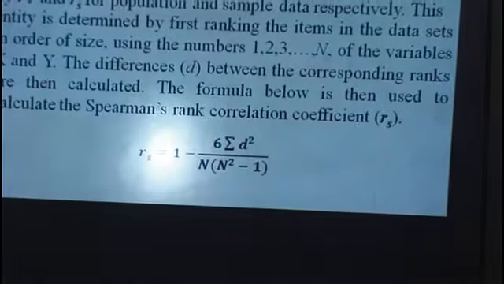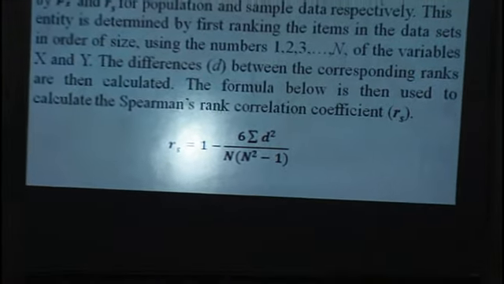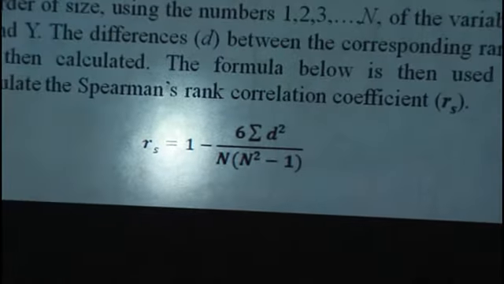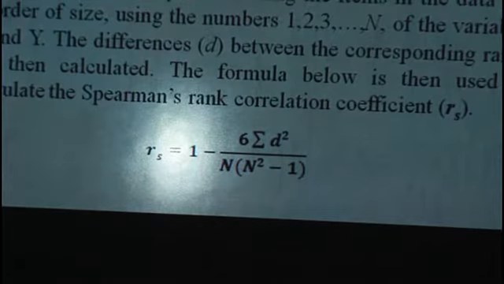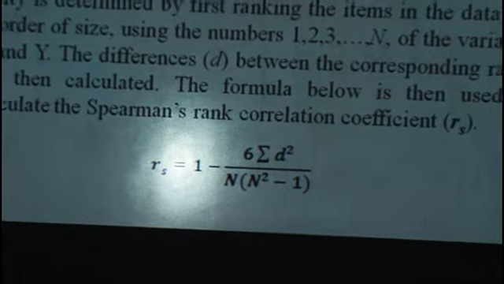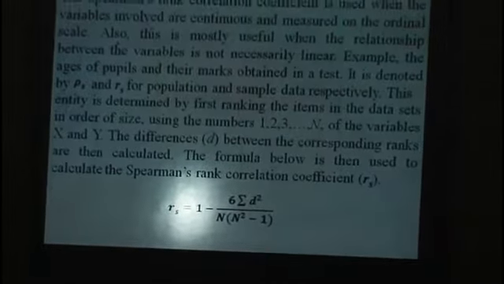In effect, it is useful when the variables involved are all continuous and can be ranked in ascending order. A typical example in our school situation is the ages of pupils and their marks obtained in a test.